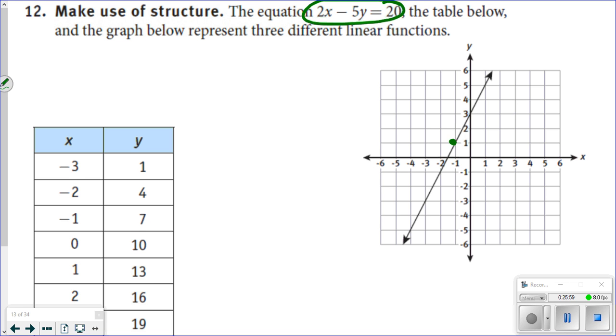Calculate the slope from this graph. Count the rise over run. You can do it. Find the slope from the table using the slope formula. It doesn't matter which two points you use. Convert the equation to slope-intercept form. You can do it. I believe in you.